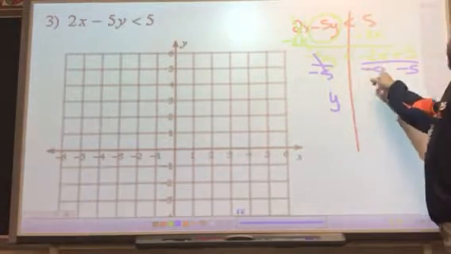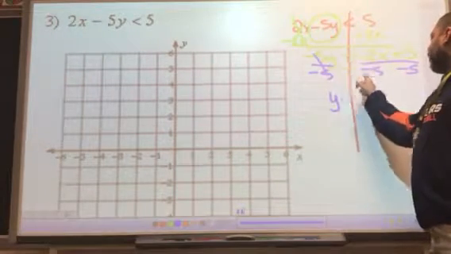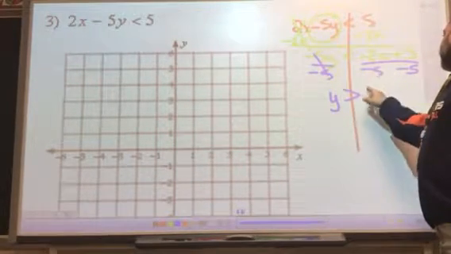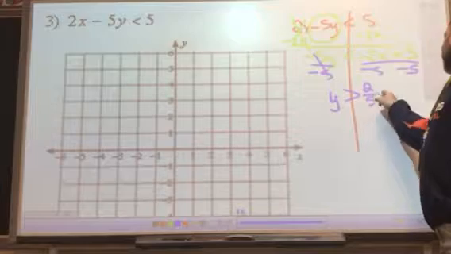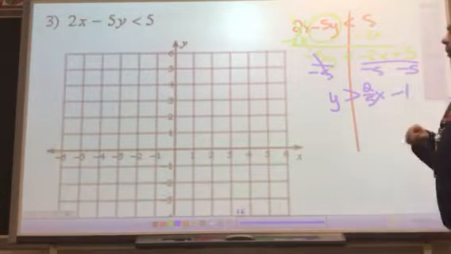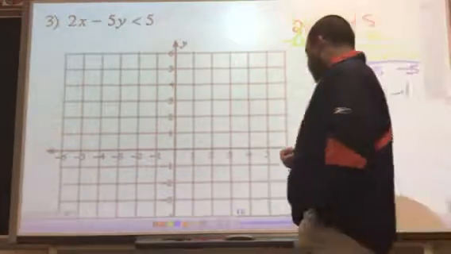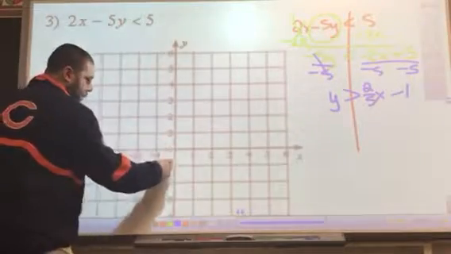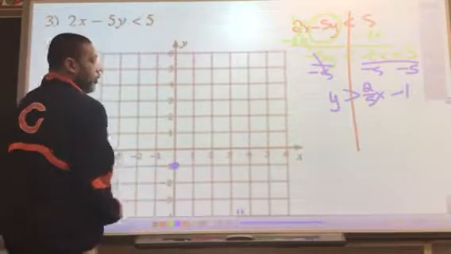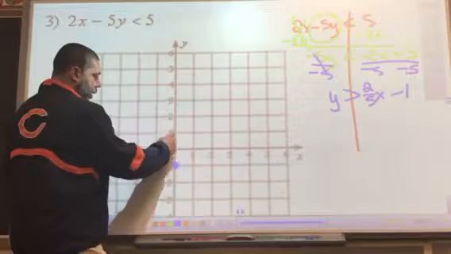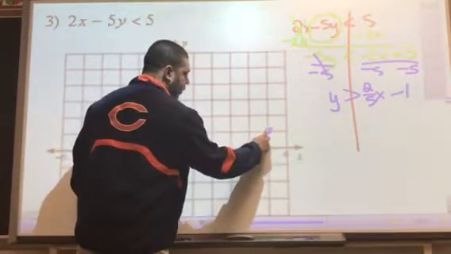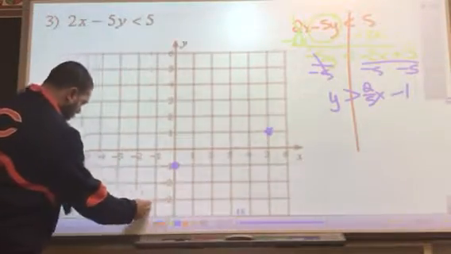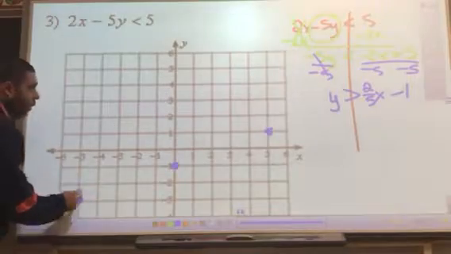Remember, I just divided everything by a negative, so I have to flip this inequality sign. It's going to be y is greater than positive 2/5 x minus 1. So, y-intercept is negative 1. My slope is positive 2/5: up 2, right 5, or down 2, left 5.